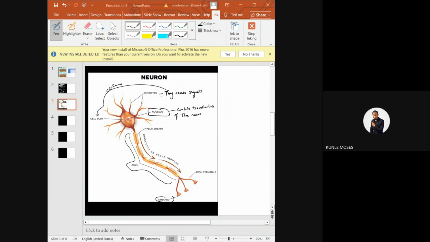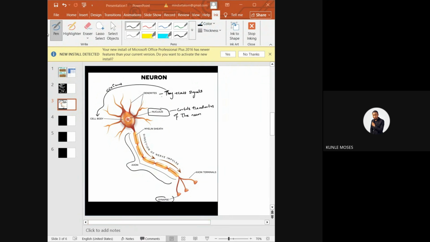The cell body, you can actually judge from what I've explained. I'm just giving you the definition from the textbook. There, the cell body is the control center of the neuron. That is not totally true. The cell body contains the nucleus. The nucleus is the control center of the neuron because it is present in the cell body. However, the cell body helps to receive the signal that the dendrites send, and it also helps to process the signal.